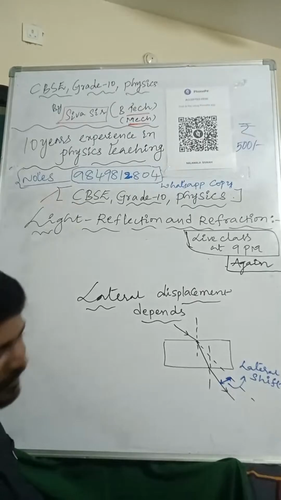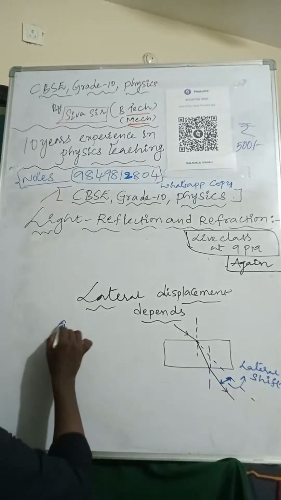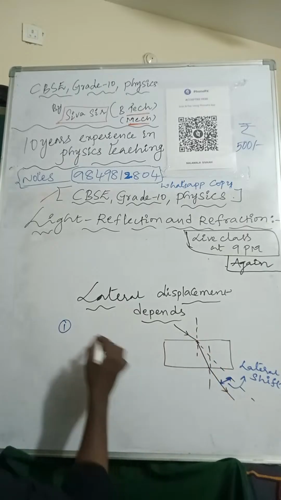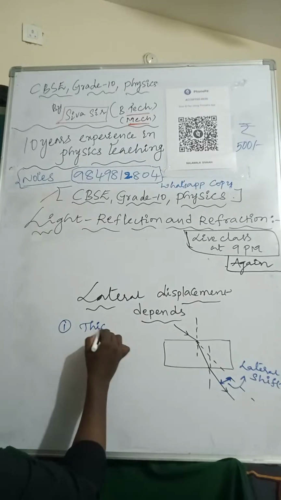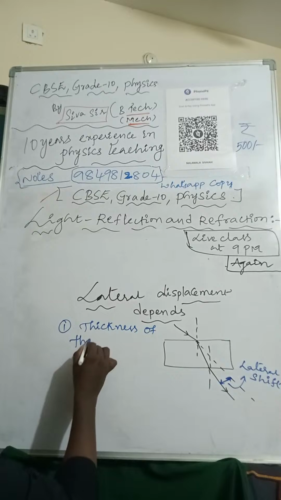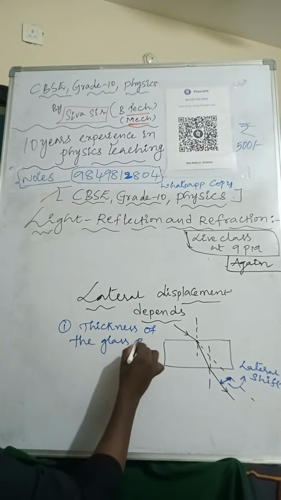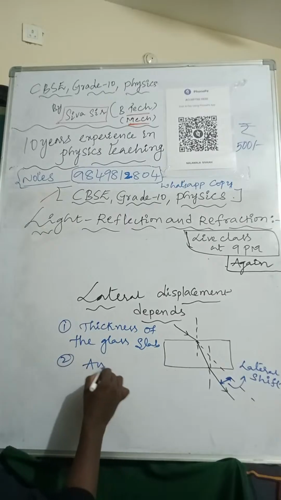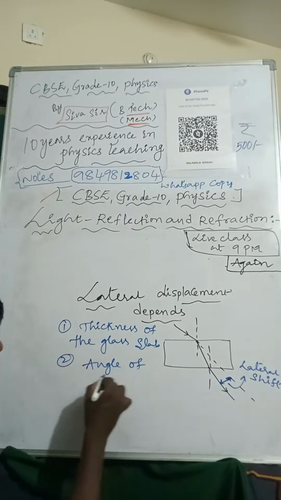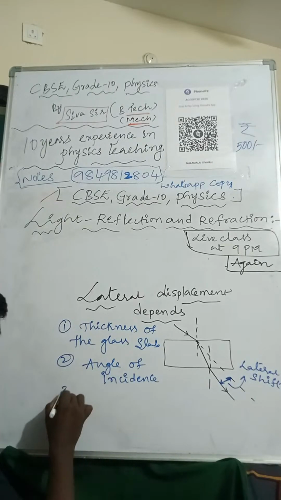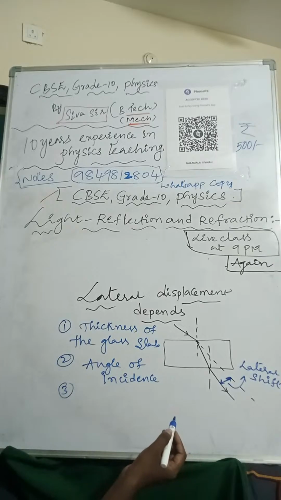Lateral shift depends on some factors. What are those? The thickness of the glass slab. Note down, children. The second one is the angle of incidence. The third point is the refractive index of the glass slab and the wavelength of light.